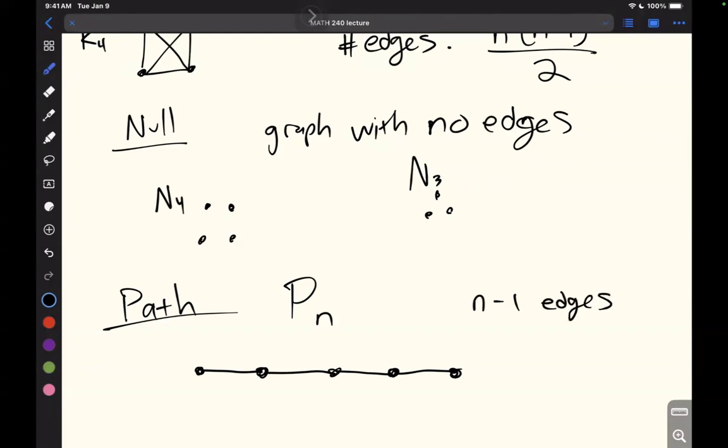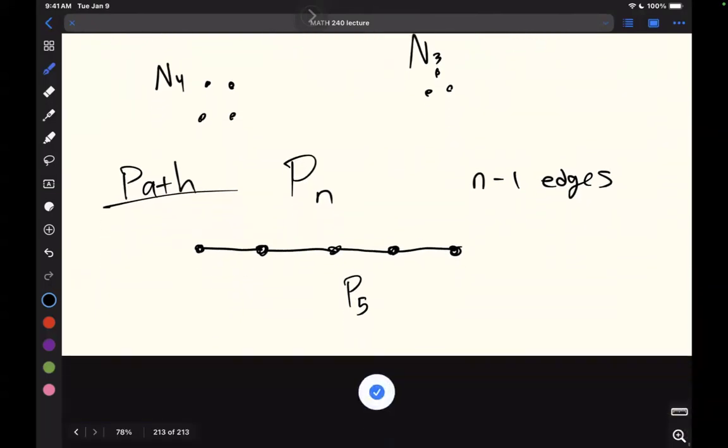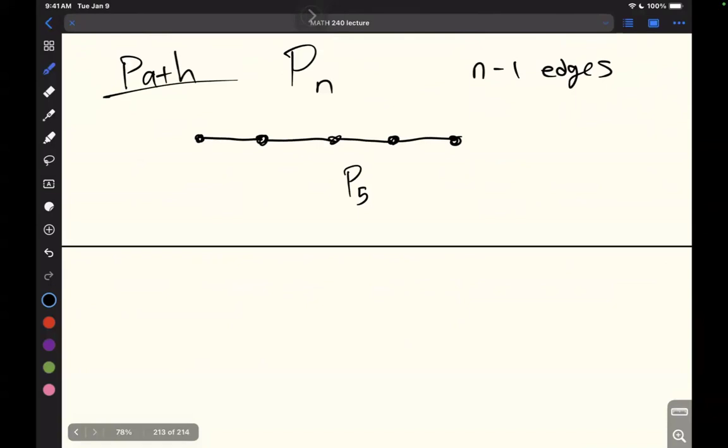I hope you can see that there are n minus 1 edges here. So this is P sub 5: 1, 2, 3, 4, 5, and there are 1, 2, 3, 4 edges linking these 5 vertices. That's a path. There's also the notion of a simple path, which we'll talk about next time.